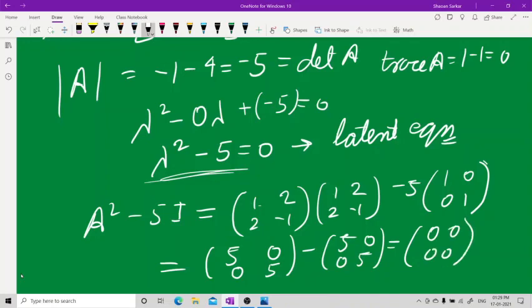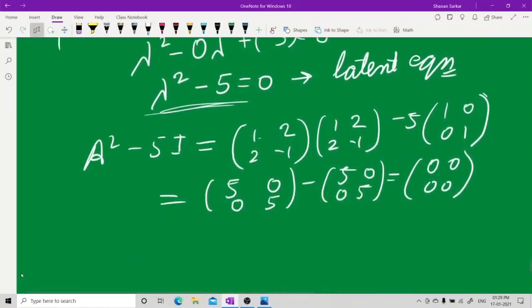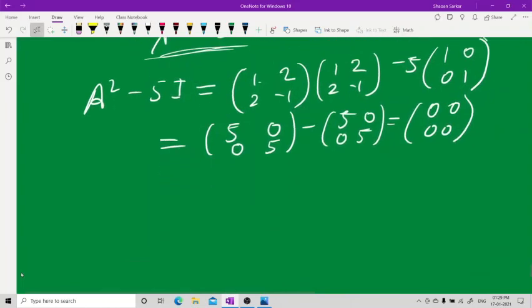Cayley-Hamilton is again satisfied. Cayley-Hamilton will always be satisfied by the characteristic equation. Let me write one note for you.